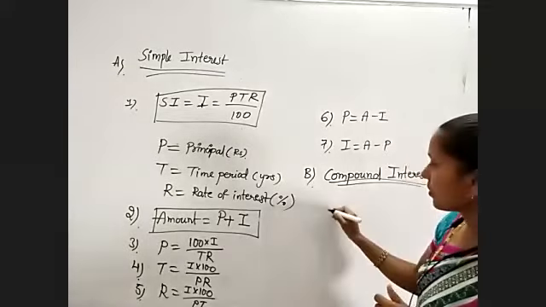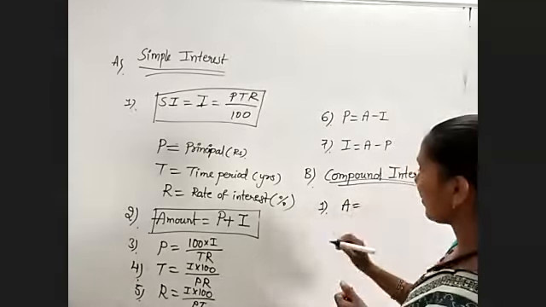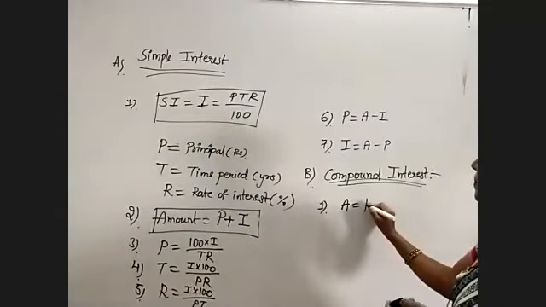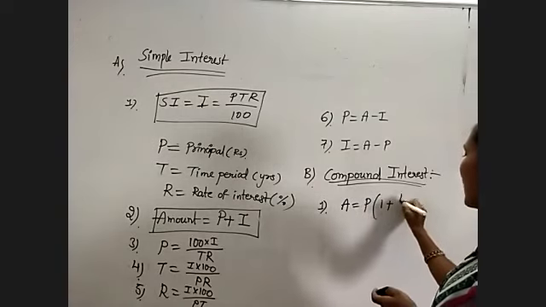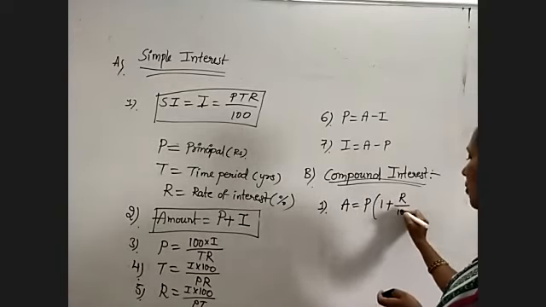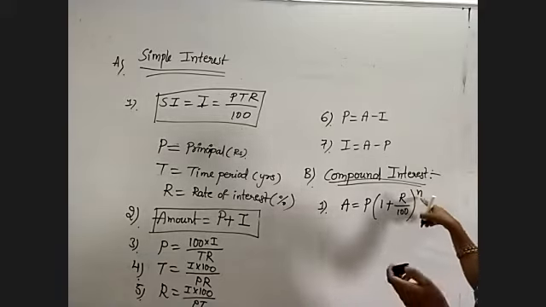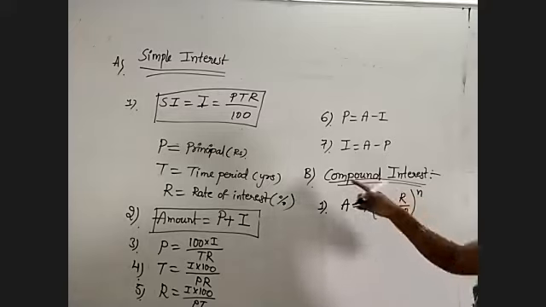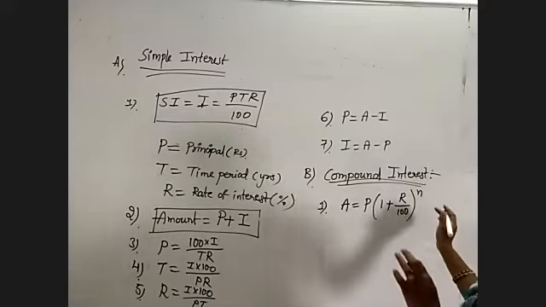For amount, it is given by the formula principal into 1 plus rate of interest by 100, whole to the power of n. Here n is the conversion period. About this topic we will discuss later on. First we will see simple interest. So just note down these formulas and remember.